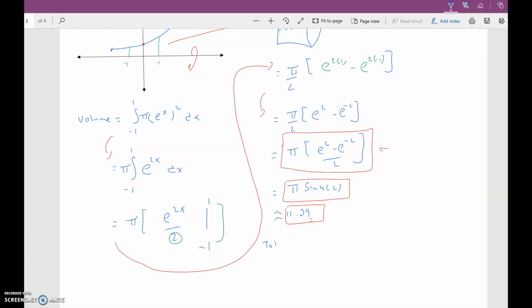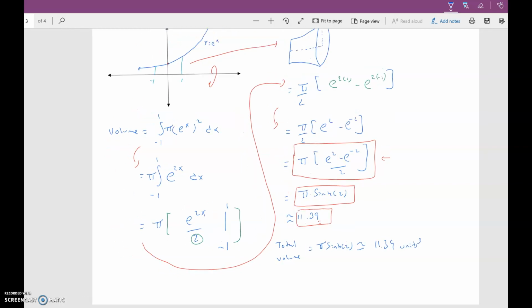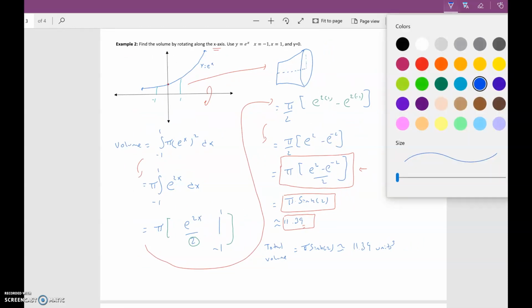So the total volume is equal to pi sinh of 2, which is approximately 11.39. Let me double check that final answer. Yeah, 11.39. And it's units to the third power, since this represents the volume of the solid.